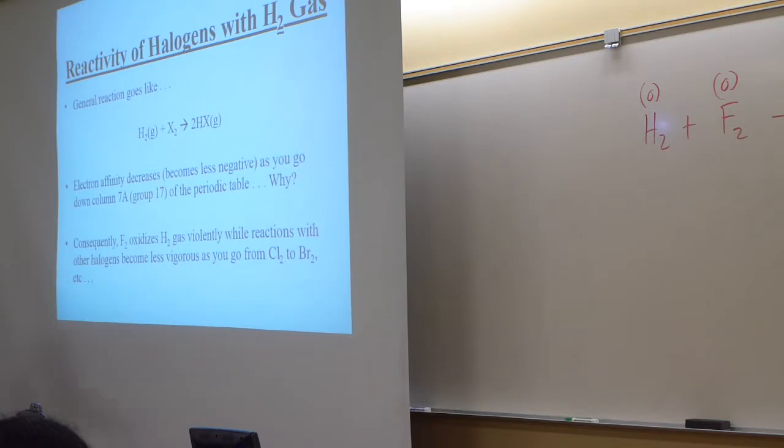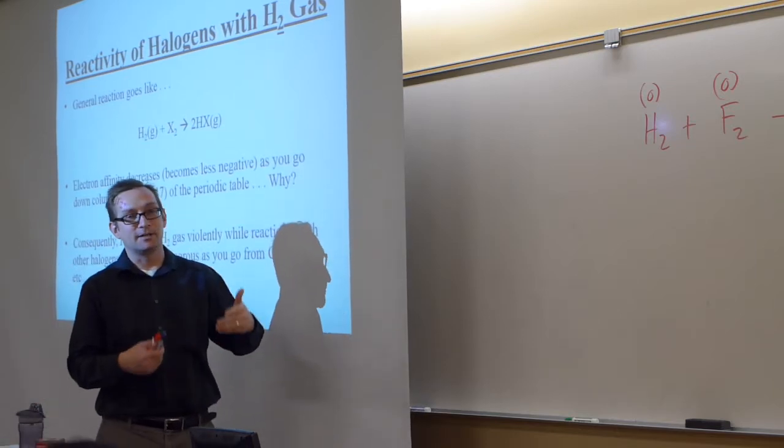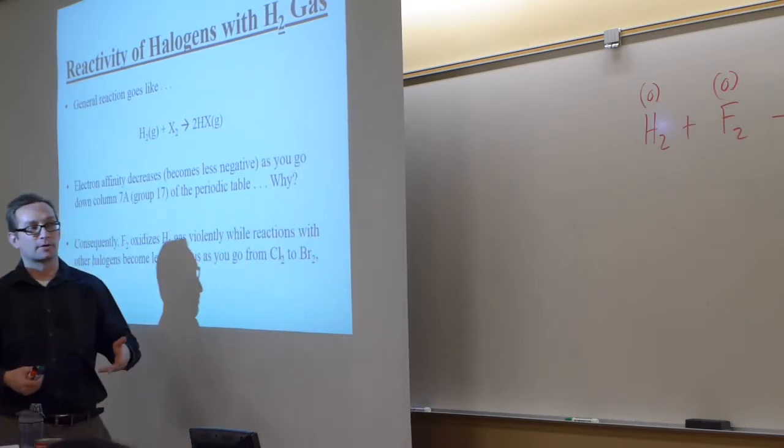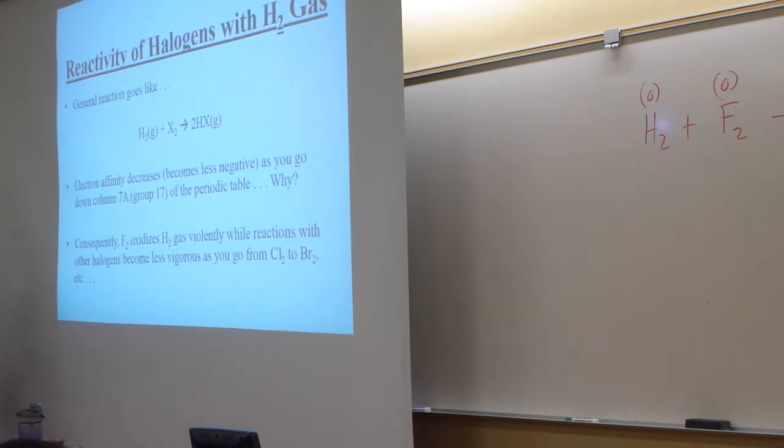Why is that? If you look at the oxidation numbers, the fluorine is gaining the electron. That's the electron affinity taking place there. So fluorine's electron affinity is greater than chlorine's, which is greater relative to iodine and so forth.